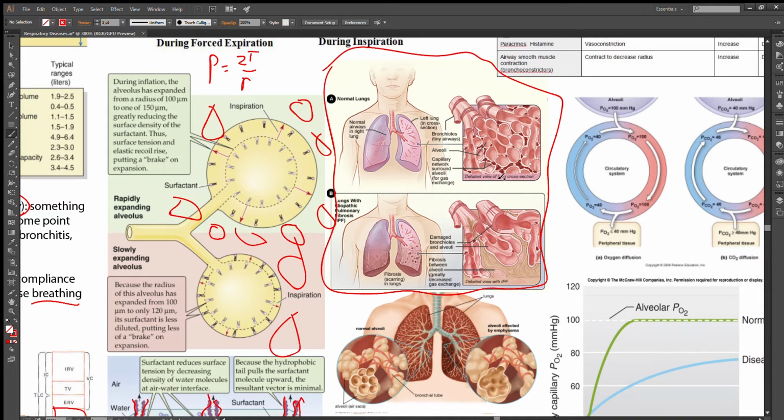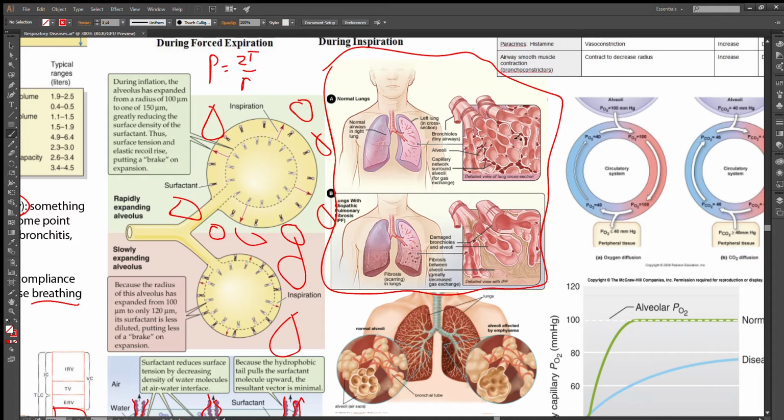Now, as it says in these pictures here, fibrosis is a disease where there is deposition of fibrous tissue. So the lung is getting stiffer and more difficult to inflate, which is decreased compliance, right? They're not as compliant to moving in and out. And also, since you have this deposition of extra tissue, you're also going to have a diffusion barrier.